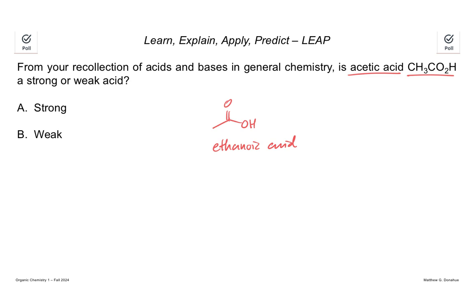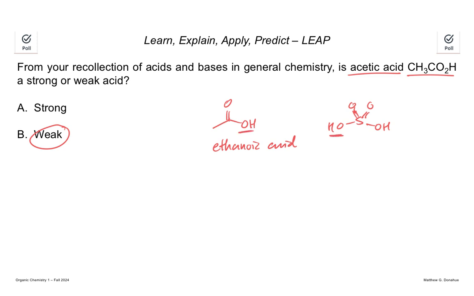So is this one strong or weak? So this is a weak acid. And the point that I'm trying to make here to you between acetic acid and sulfuric acid, they both have OH.